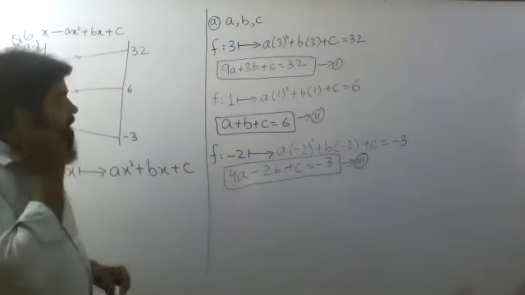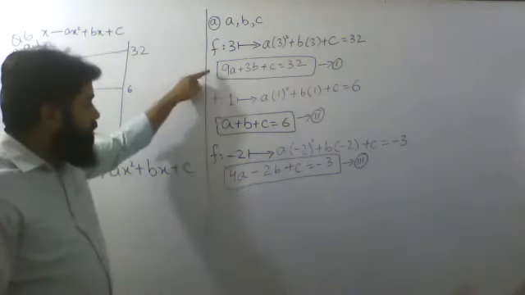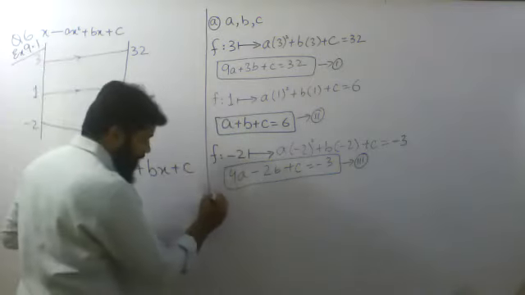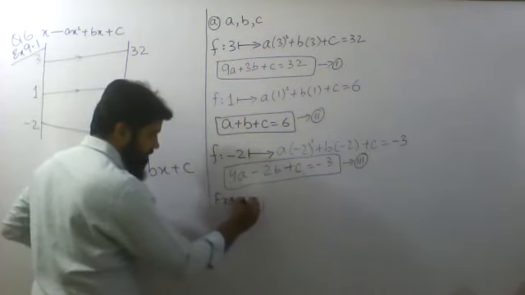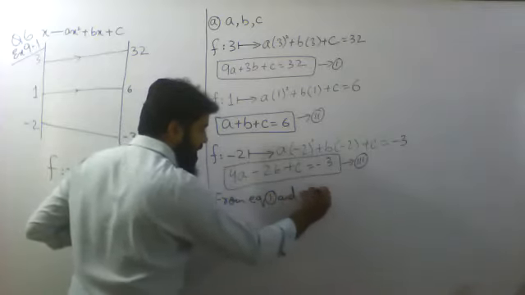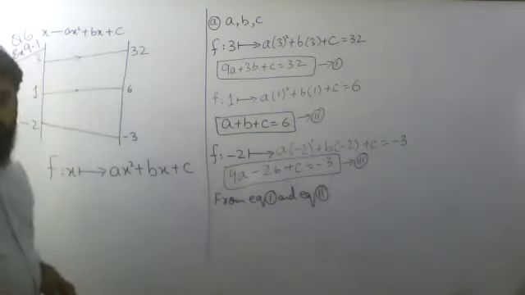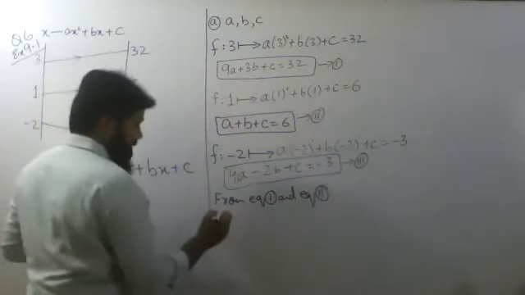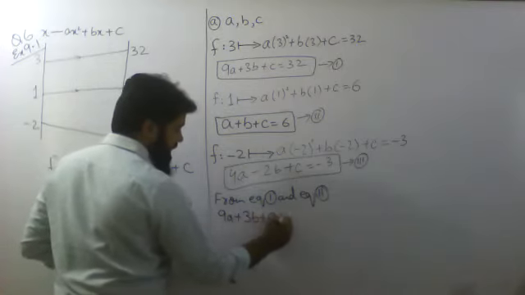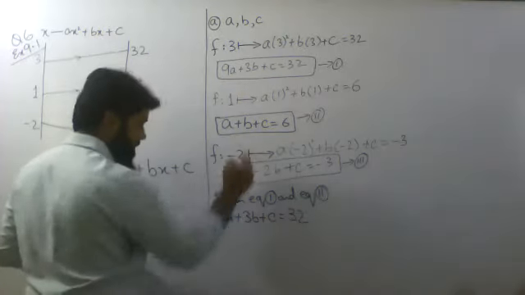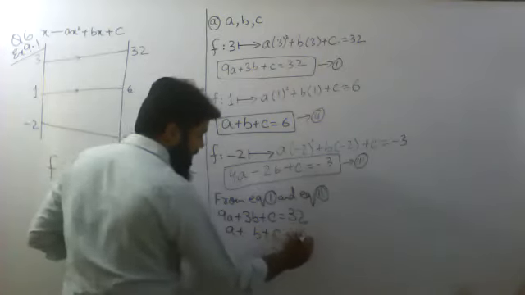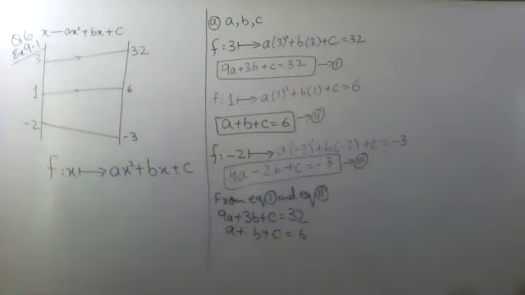Let's see. I am thinking let's start with equation number 1 and equation number 2. So 9a plus 3b plus c equals 32, and a plus b plus c equals 6.